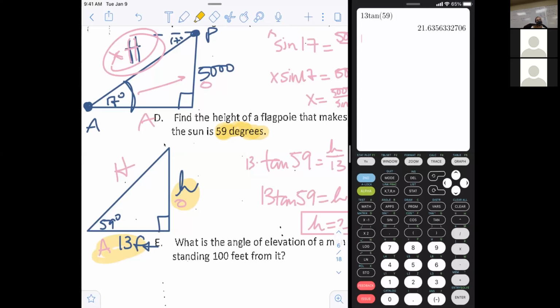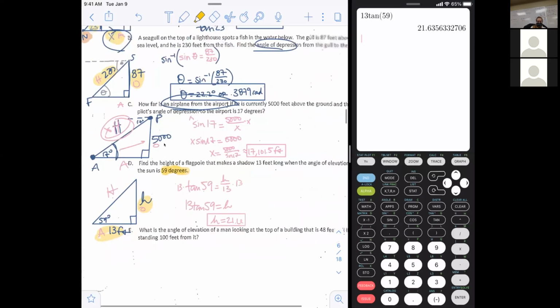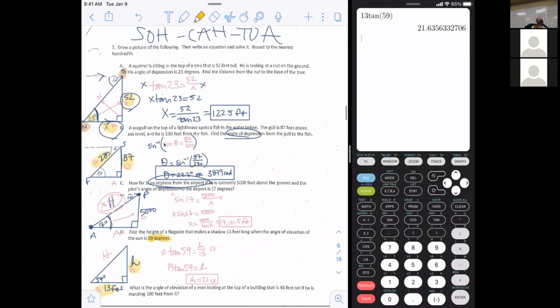Jared, question? I didn't know which trig thing is. Great question. Remember when we wrote at the top SOHCAHTOA? Based on what I have, I use that trig function. So I have opposite and adjacent.